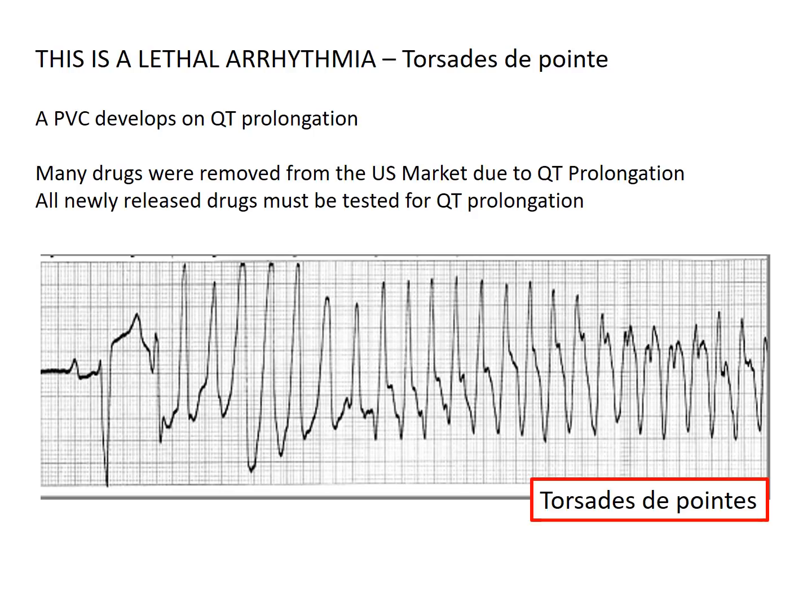Any new drug coming onto the US market must be tested for QT prolongation. And if a new drug coming onto the market is showing QT prolongation in preclinical studies, that drug has a very poor chance of being approved and getting onto the market.